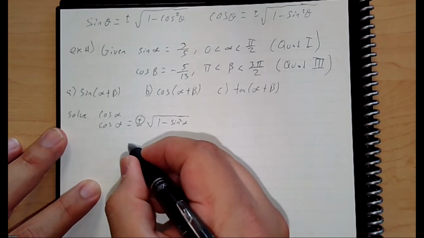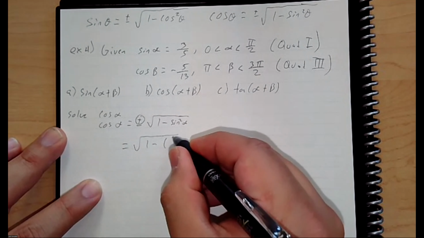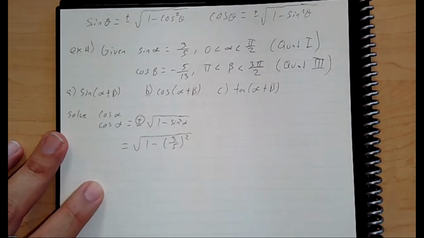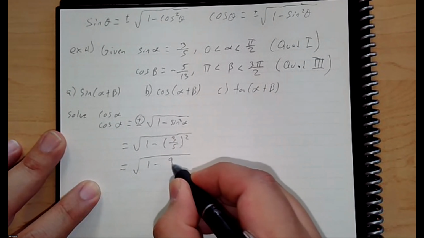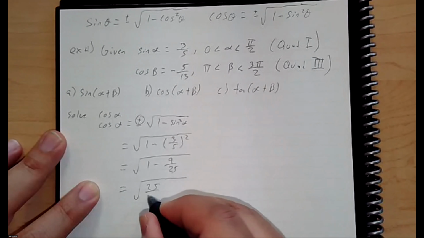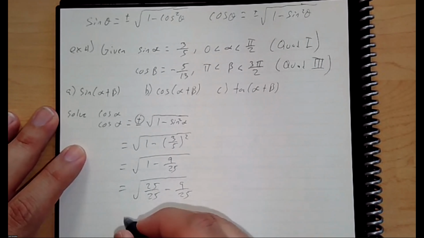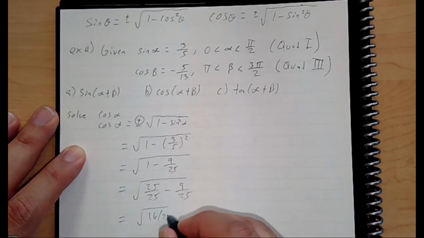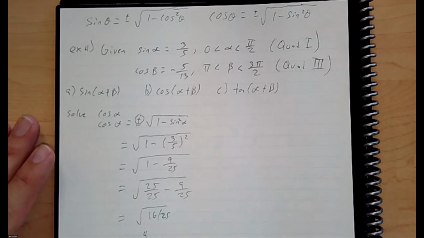So that'll be the square root of 1 minus sine alpha squared, which is 1 minus 9/25. LCD, I'll go ahead and do it this time. That'll be 16/25, so 4/5. Same as last time.